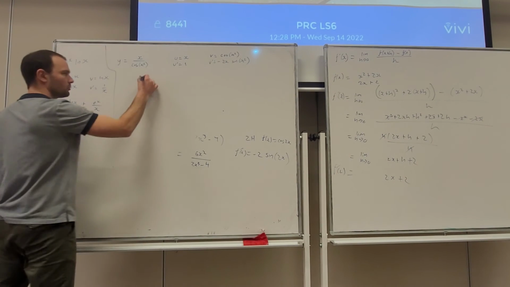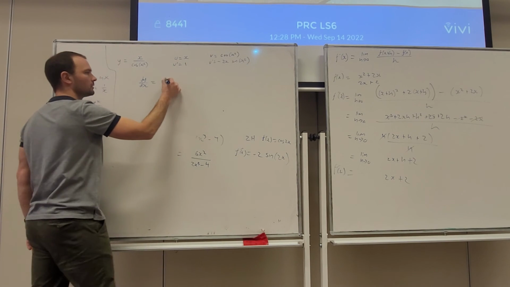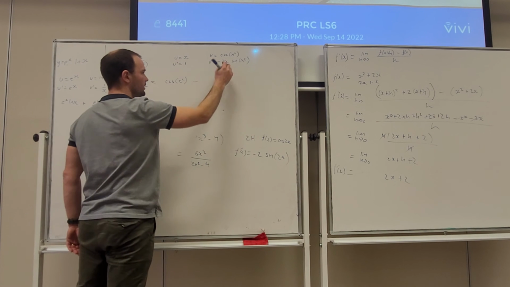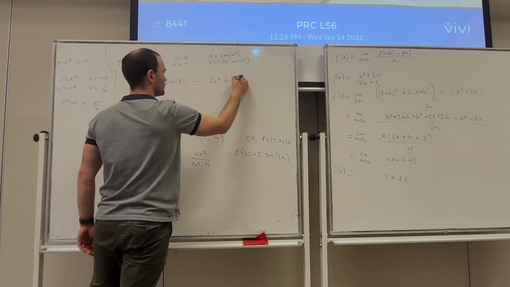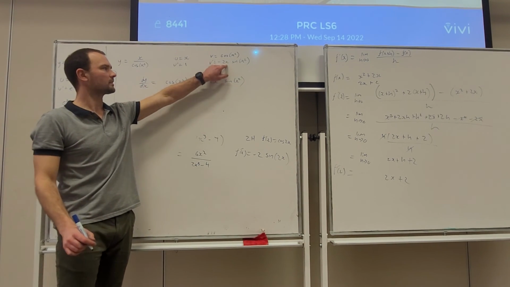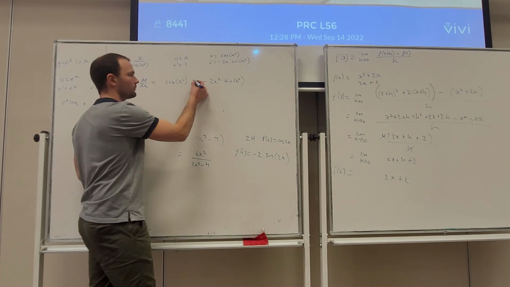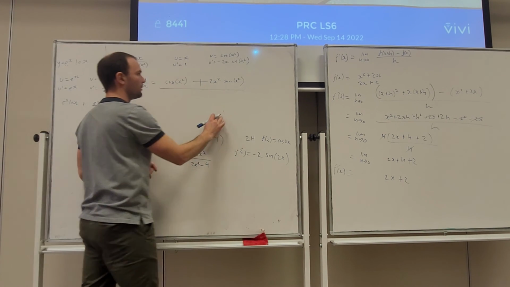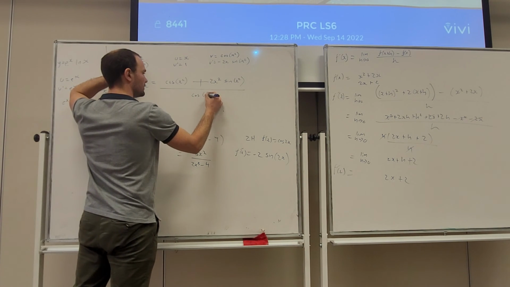And so then for the quotient rule, dy on dx is u dash v take away u v dash. Okay, x times minus 2x will be minus 2x squared, and these two negatives will make a positive in the end. And all of that is on top of v squared. So that's cos of x squared.